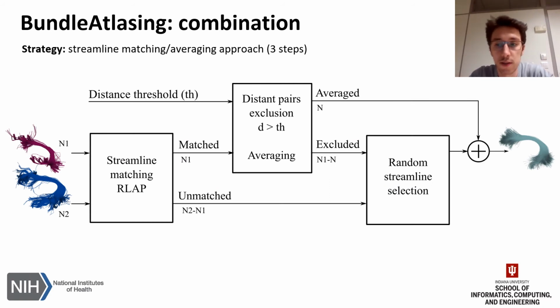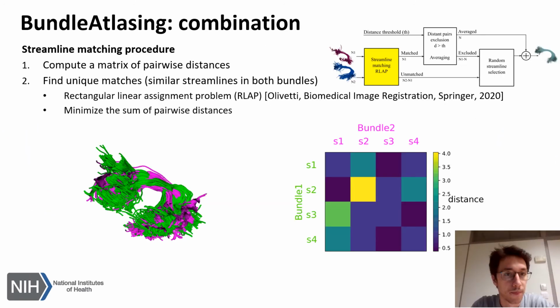So to do this, we propose a streamline matching and averaging approach that consists of 3 simple steps. The first one is streamline matching, the next one averaging, and the last one selection. So let's go step by step.